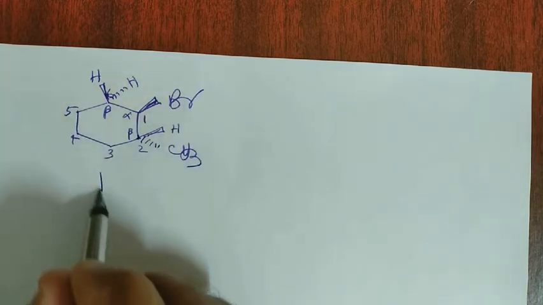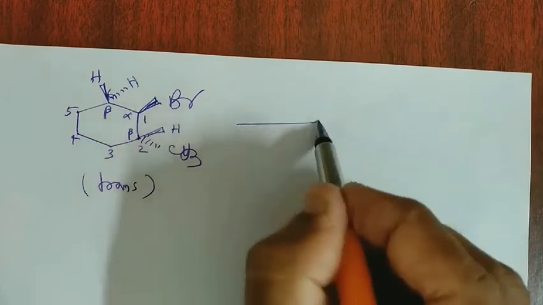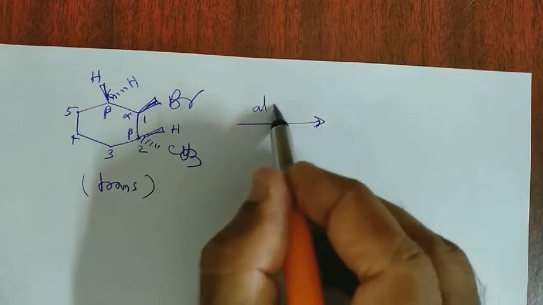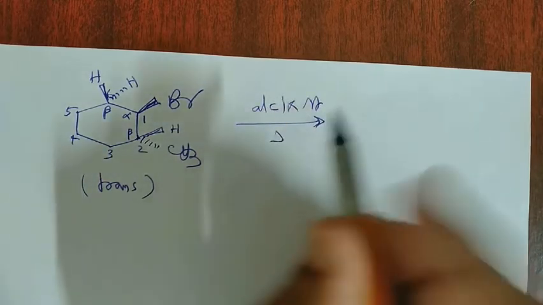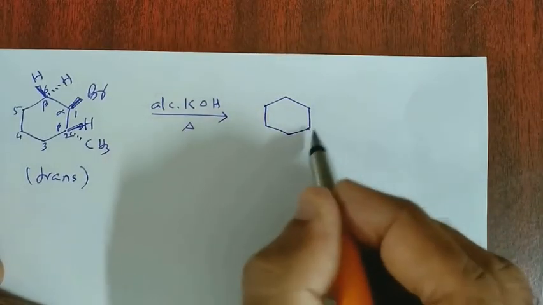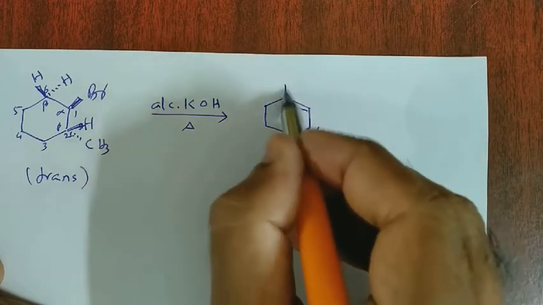Hence, trans isomer gives only one product when subjected to dehydrohalogenation. It is a 3-methyl cyclohexene.